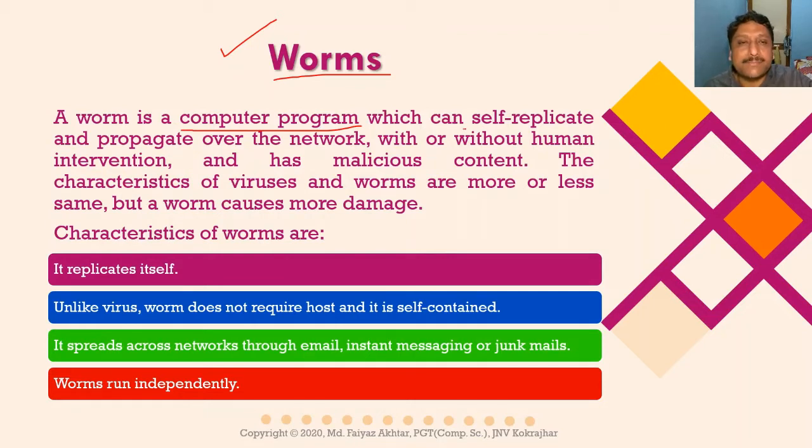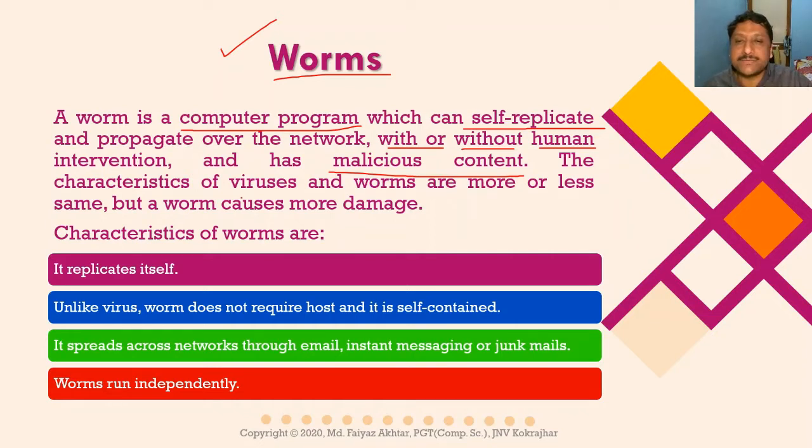Self-replicate means it copies itself, and the same nature is there with viruses also. Viruses also replicate themselves, copy themselves. In a similar way, worms also replicate and copy themselves. Worms can replicate or propagate over the network with or without human interaction, meaning automatically it can get replicated in your computer, and it has malicious content.